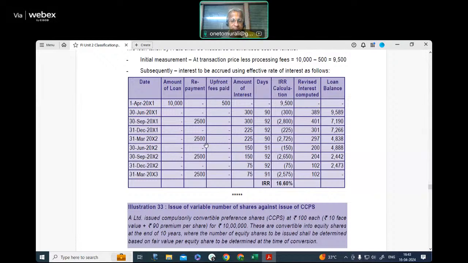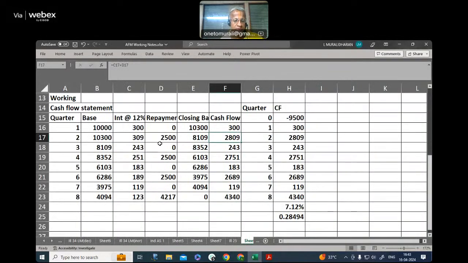So let me just check up. Here they have just gone in for number of days computation. Let me just check how many.